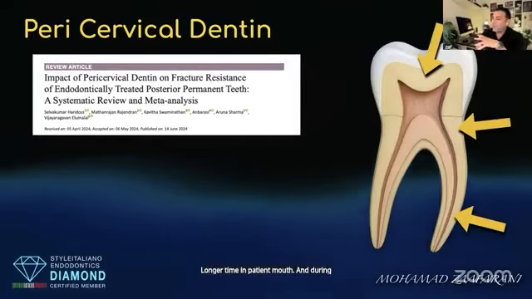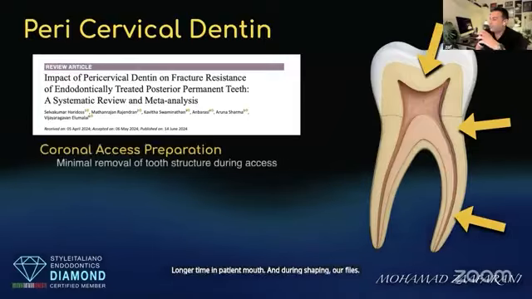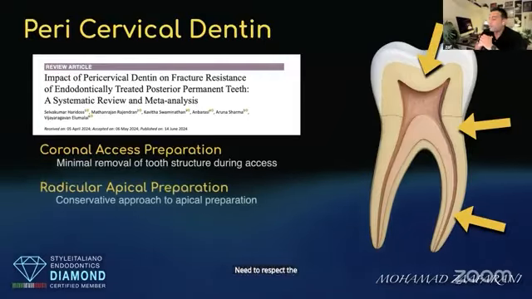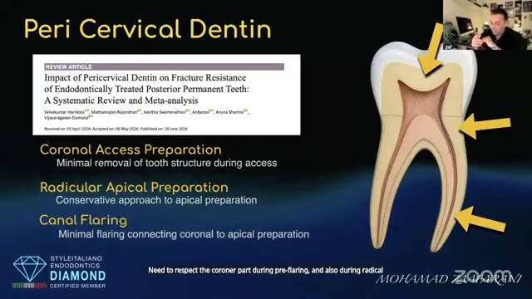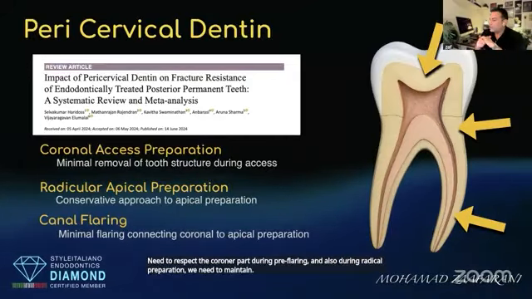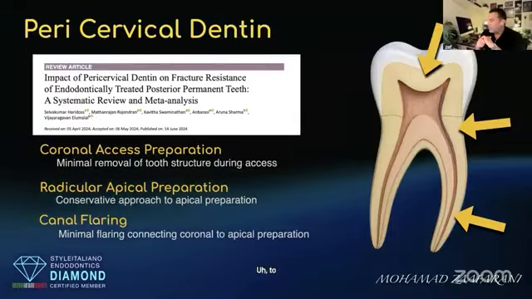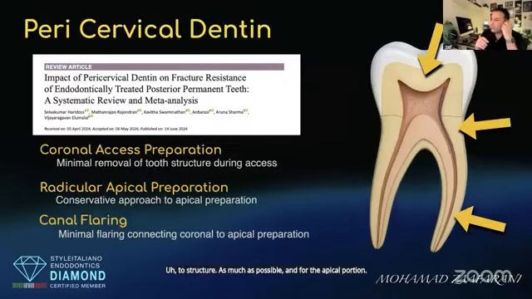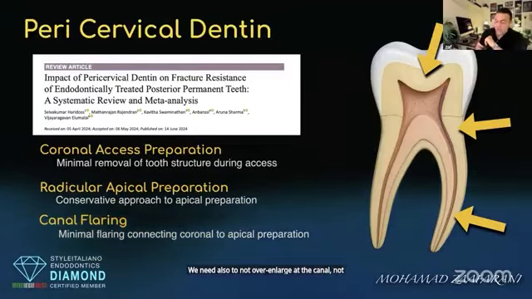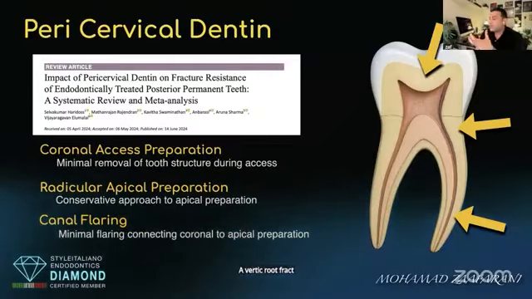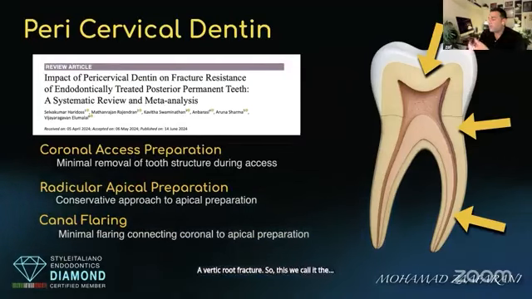During shaping, our files need to respect the coronal part during pre-flaring, and during radicular preparation we need to maintain tooth structure as much as possible. For the apical portion, we also need to not over-enlarge the canal, so as not to initiate a vertical root fracture. This we call conservative preparation.